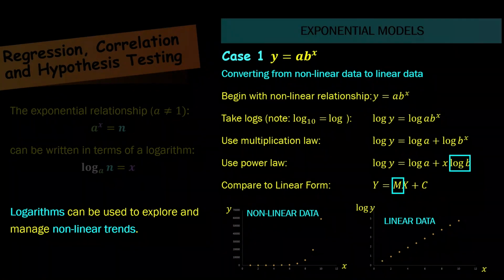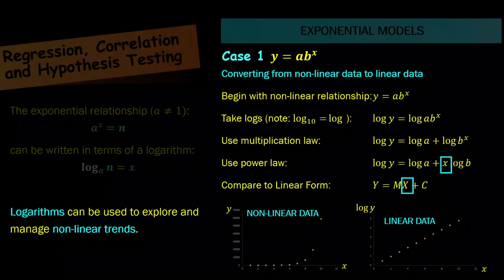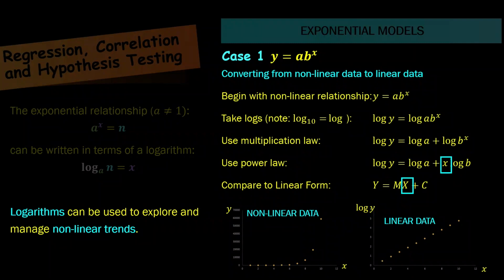Remember, b was just a constant, so therefore capital M is a constant. X is the independent variable, so capital X is also the independent variable. And log A is equal to the intercept, or capital C.